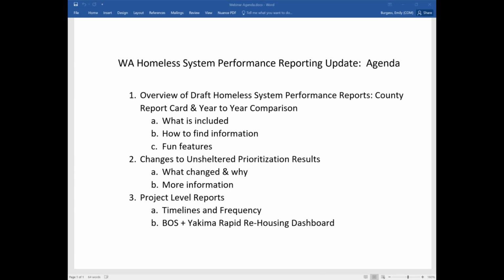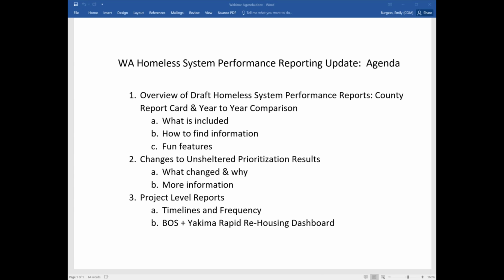And then we're going to talk about changes to the unsheltered prioritization results and the future of performance reports, which is going to include project level reports.